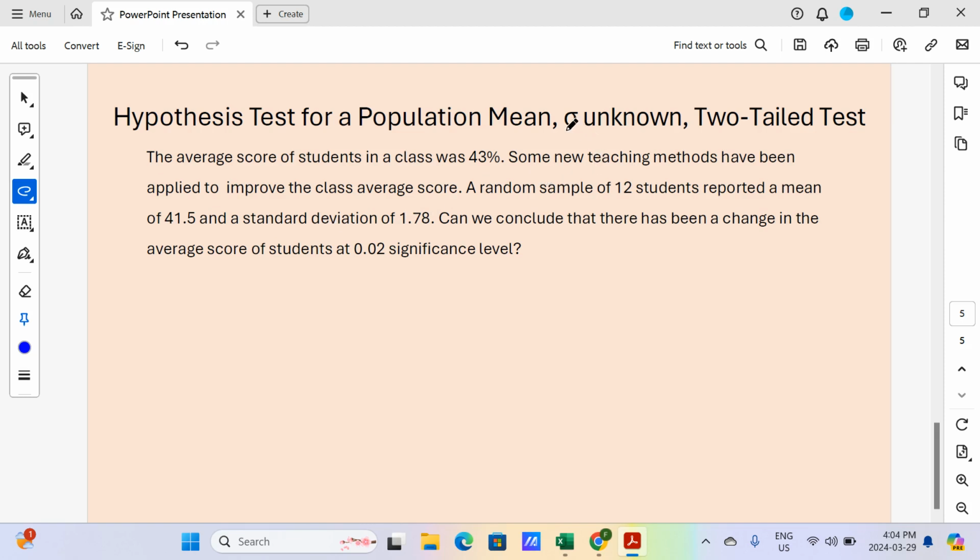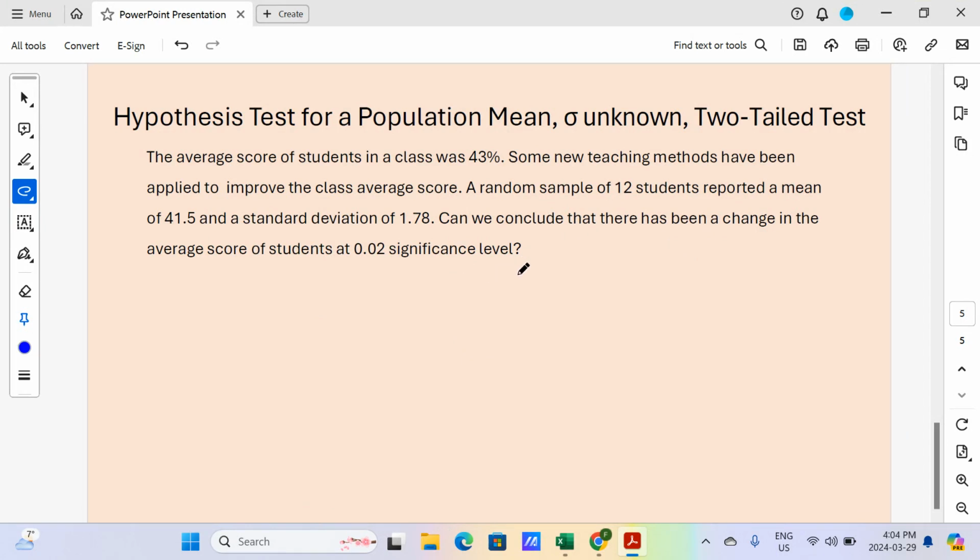Look at here. Sigma, the population standard deviation, is not given here. Sigma is unknown. Now we are going to check if we can conclude that there has been a change in the average score of students at 0.02 significance level.